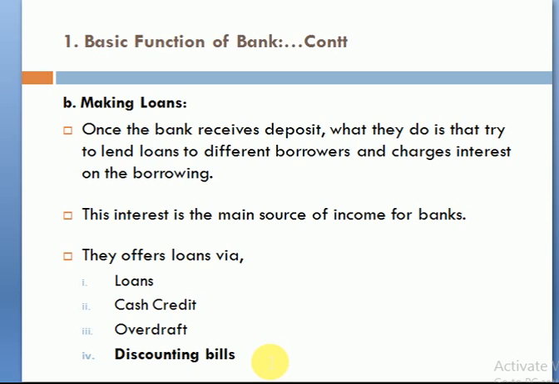The third type is overdraft. It is a very convenient form of short-term financing by a bank. Under this facility, a customer may arrange with his bank to permit him or her to overdraw on his current account, known as overdraft facility.